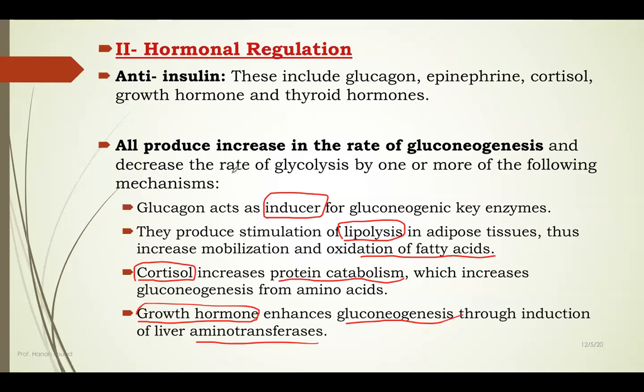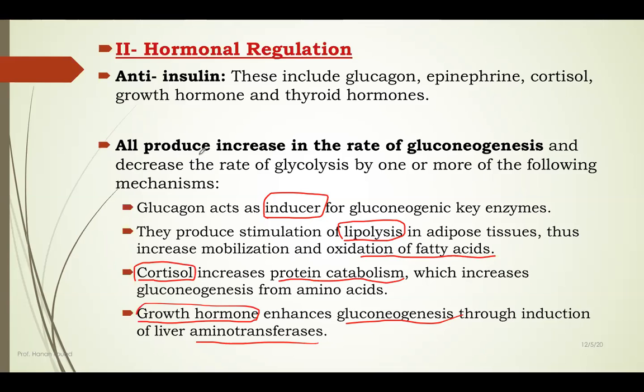I will go back again. Hormonal regulation, I will repeat it. Insulin inhibits gluconeogenesis because insulin is liberated after a carbohydrate diet, and after feeding, we don't need to synthesize glucose from proteins because we have glucose from the diet.